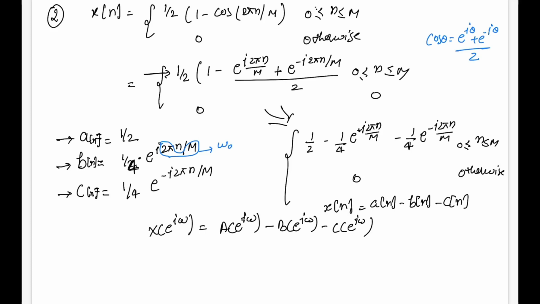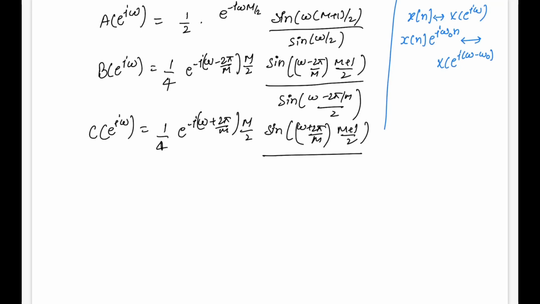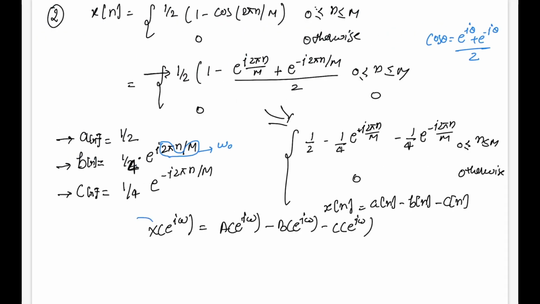Here it is plus 2π by M. In the case of C(e^jω) or c[n], it is minus 2π by M. Okay, so we can write it like sine of (ω plus 2π by M) times (M plus 1) by 2, divided by sine of (ω plus 2π by M) by 2. Fine. And X(e^jω) we can calculate like this, where we have already calculated A(e^jω), B(e^jω) and C(e^jω).